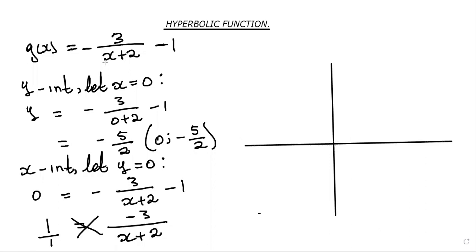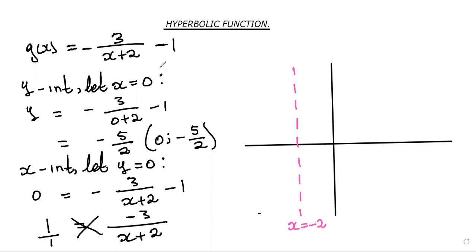We'll use different colors here as well. But we said the best way is to start by plotting your asymptotes. So you'll tell them the vertical asymptote is where x is going to be negative 2, like that. So you'll tell them x equals negative 2 is the vertical asymptote.